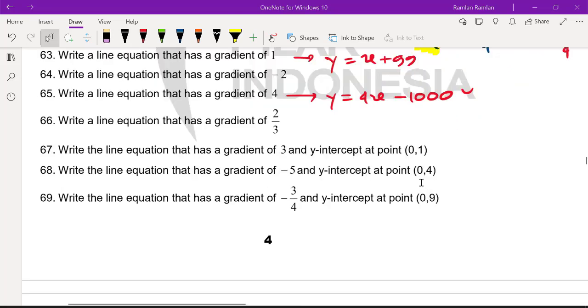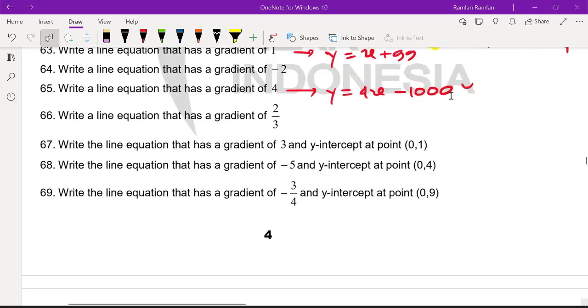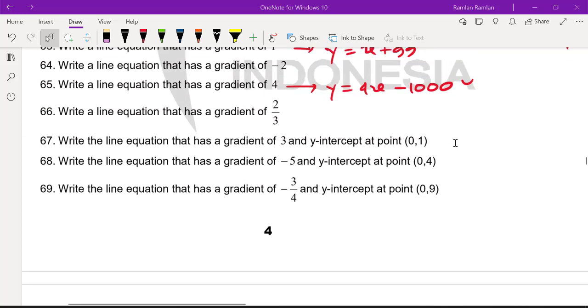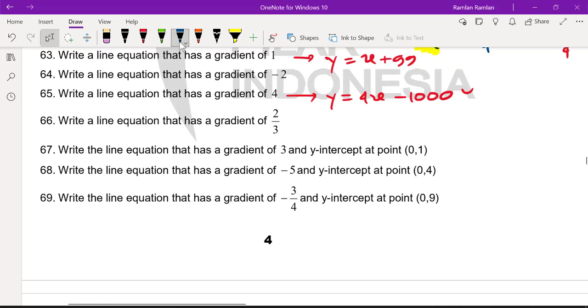Okay, number 67 until number 70. Exactly the same thing. Okay, remember the form y equals mx plus c. And this form is what we call the gradient y-intercept form. Why? Because the coefficient of x is the gradient, and this guy here is the y-intercept.